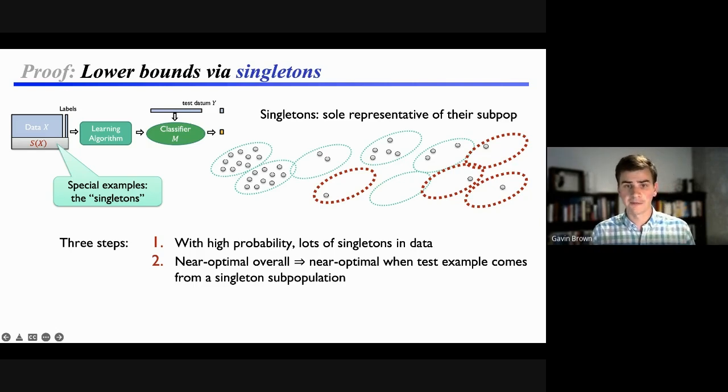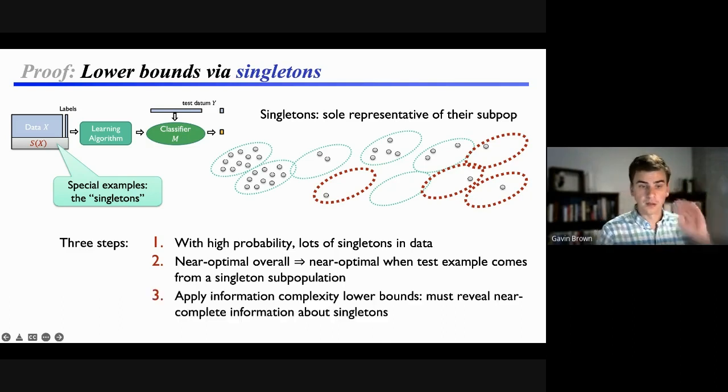This is because they form a large part of the probability distribution. Then we apply information complexity lower bounds, showing that you must reveal near complete information about the singletons. This is the hard step where we need to prove new information complexity lower bounds.